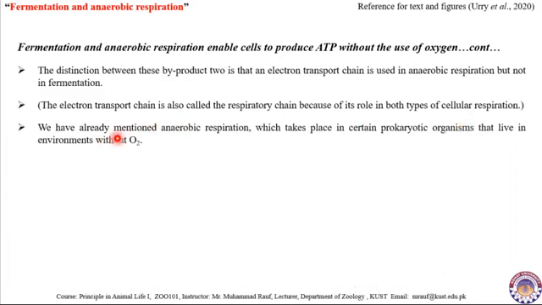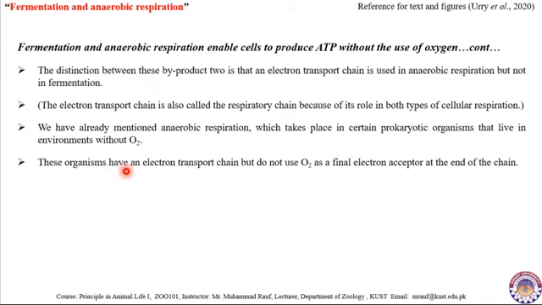We have already mentioned anaerobic respiration, which takes place in certain prokaryotic organisms that live in environments without oxygen. So now we will discover how the electron transport chain occurs in those organisms which respire in the absence of oxygen.